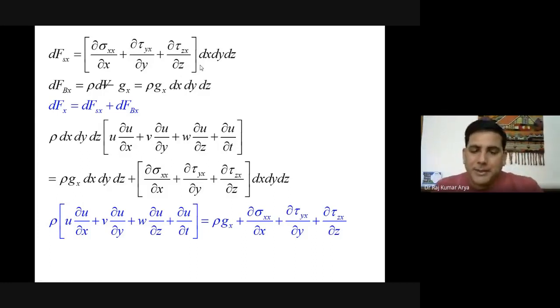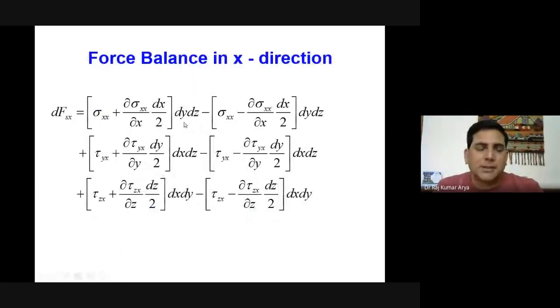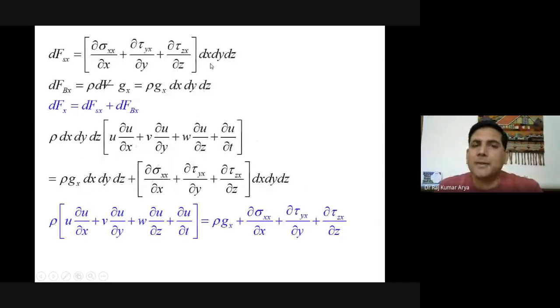Yes, sir. And this is practically your area. dy into dz is the area of this plane, dx into dz the area of the top and bottom plane, and this one is the area of the z plane. Correct or not? So stress multiplied by area is just force only. So if you add that, this would be your differential force in direction x.